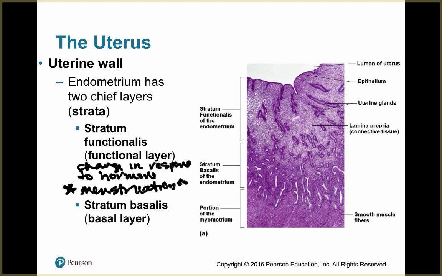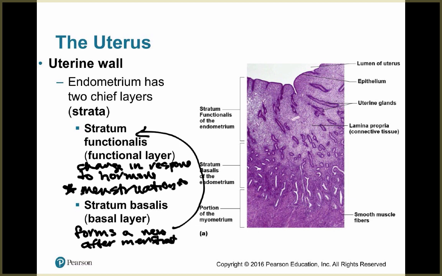Now this basal layer here is what basically forms a new stratum functionalis after menstruation. So it's unaffected by the hormones. And so you can see both of them here, right?